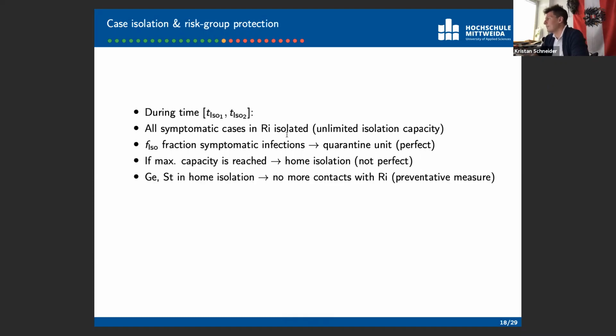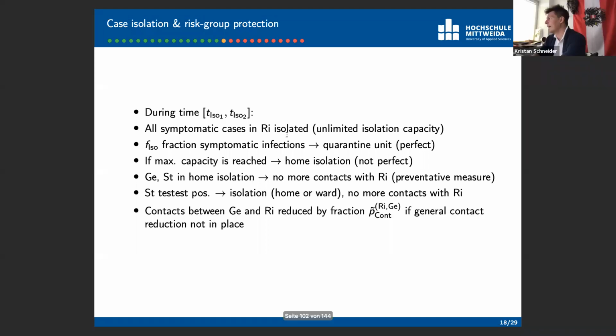And what we also can easily do is, once somebody in the general population or in the staff population is in home isolation, it's very easy to avoid the contact with the risk group. They're in home isolation, they don't go to the long-term care facility.